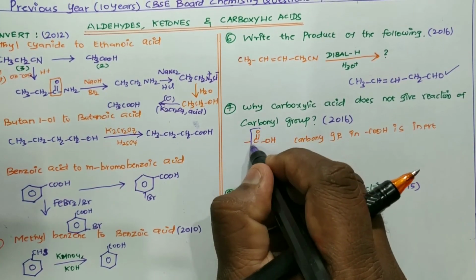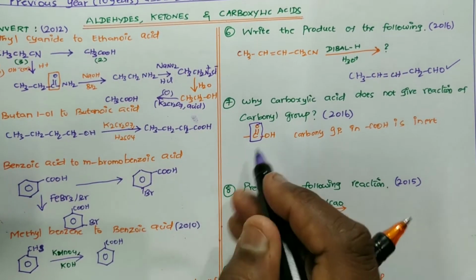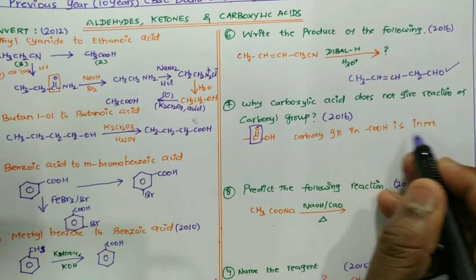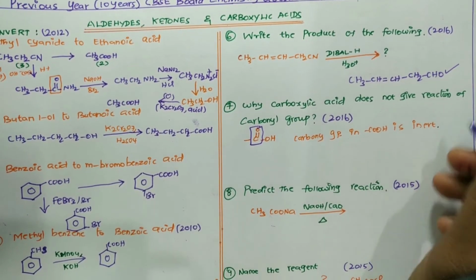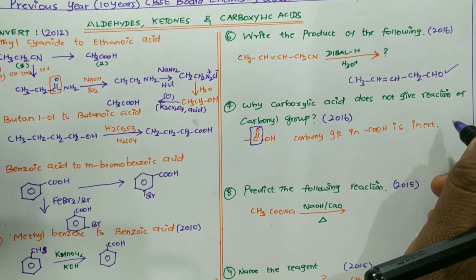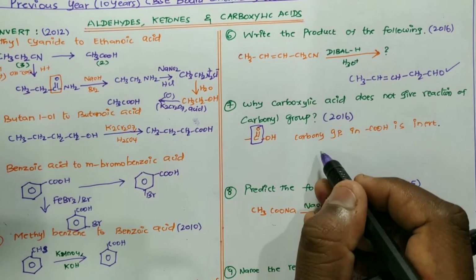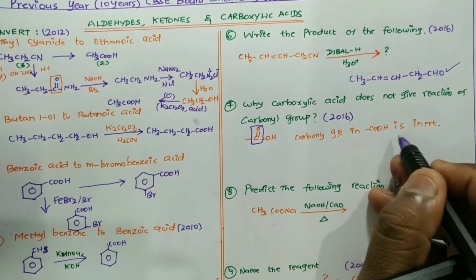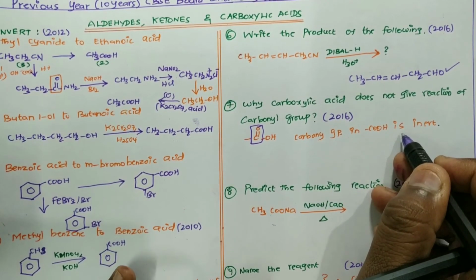Now this CO group, the carbonyl group, is inert. Why is it inert? It does not show any nucleophilic addition reaction. Okay, are you able to understand, students? So the carbonyl group in carboxylic acid is inert.